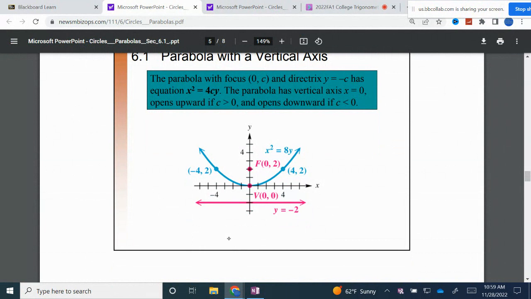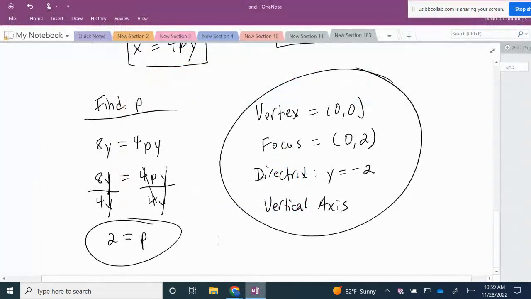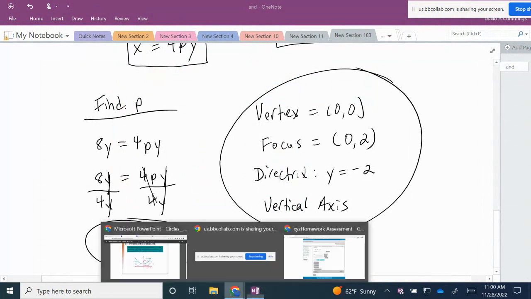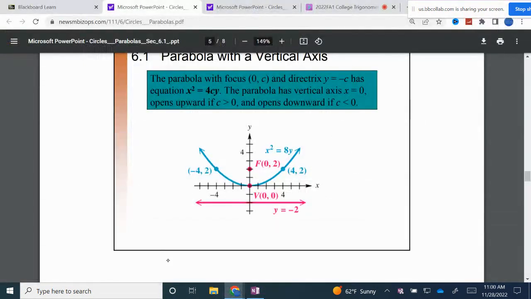So if you factor out a 4, 4 times 2 is 8, right? So our focus is 0, comma 2. The vertex is 0, comma 0. And then the equation for the directrix is y is equal to 2. Or excuse me, y is equal to negative 2.